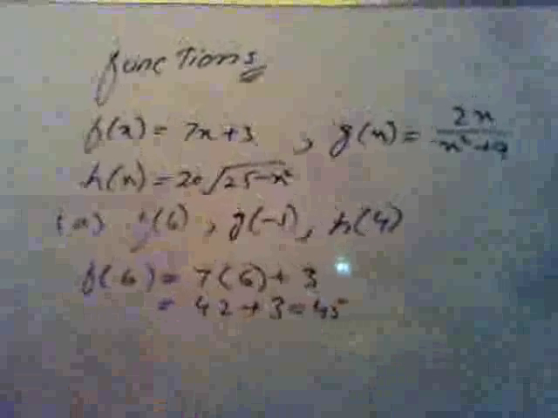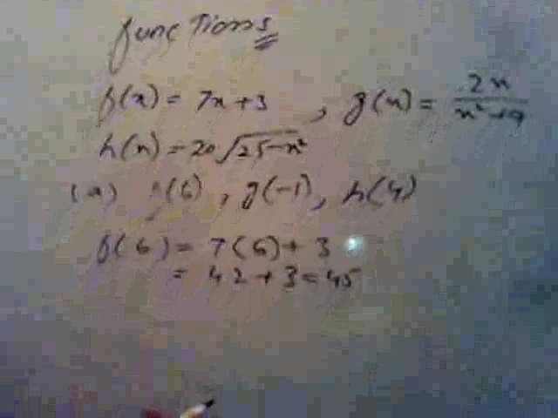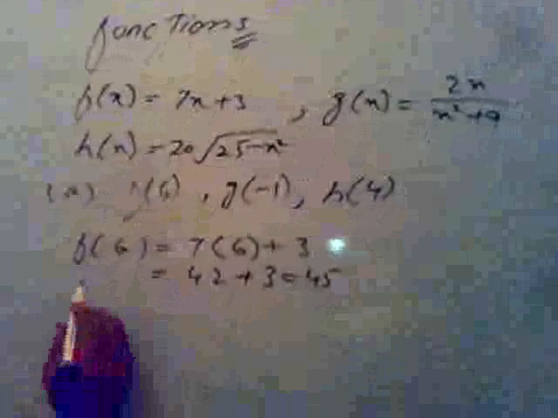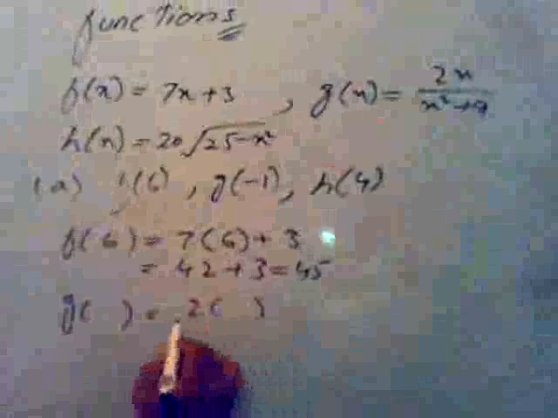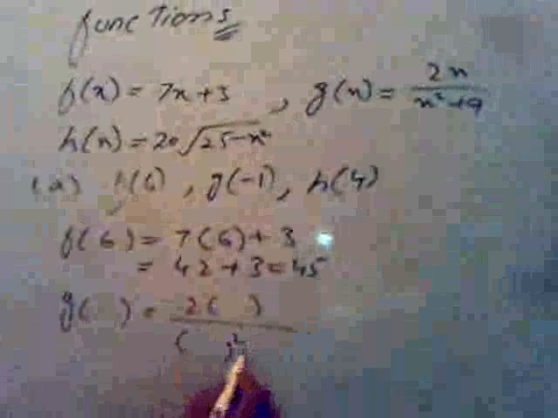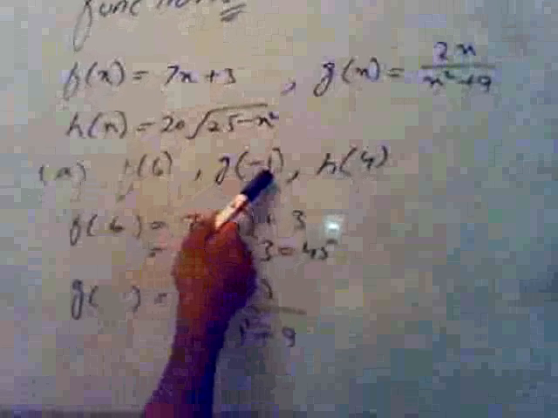Now a similar concept goes for g of minus 1. I'll write g of x, but instead of x I'll write a bracket. So g of bracket equals 2 times bracket, over bracket squared plus 9. Now what's the value of x? It's minus 1.